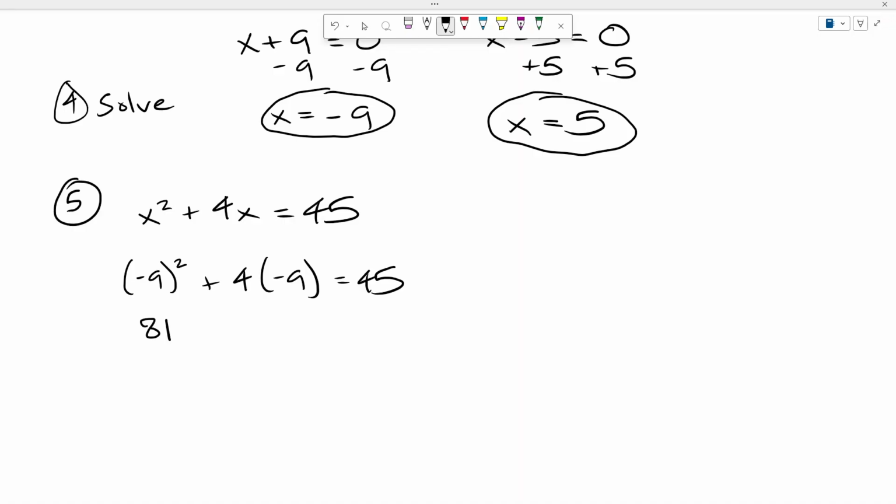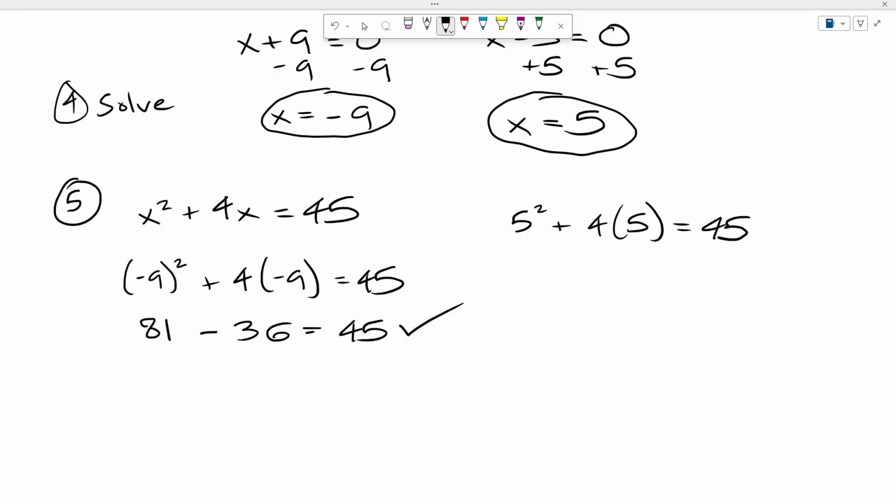So 81 minus 36 gets us 45. That is good. -9 is indeed a solution. If we do the same thing, we have 5 squared plus 4 times 5, replacing the x with our 5. So we have 25 plus 20, which sure enough is also 45.